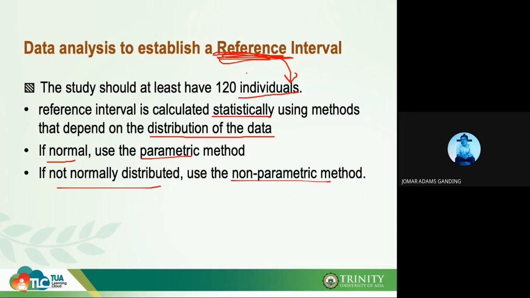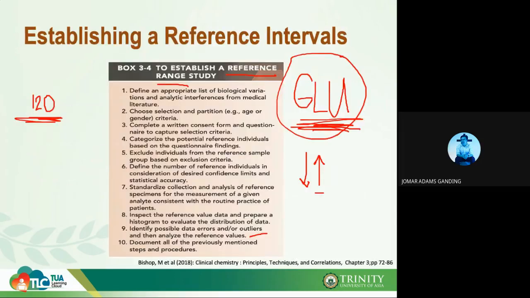So the first part that I was mentioning to you guys is the considerations before you compute. Take for example, you already have all the data, you already collected samples, and you already measured them. Now we're ready to analyze the reference interval.